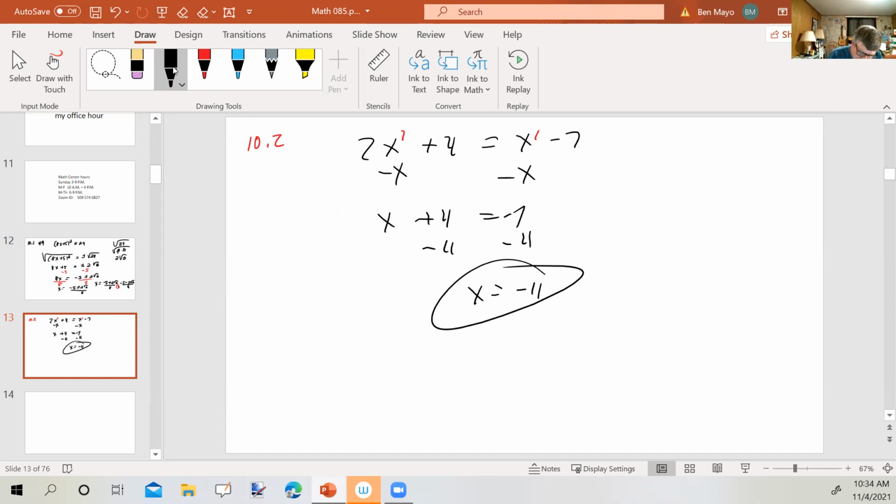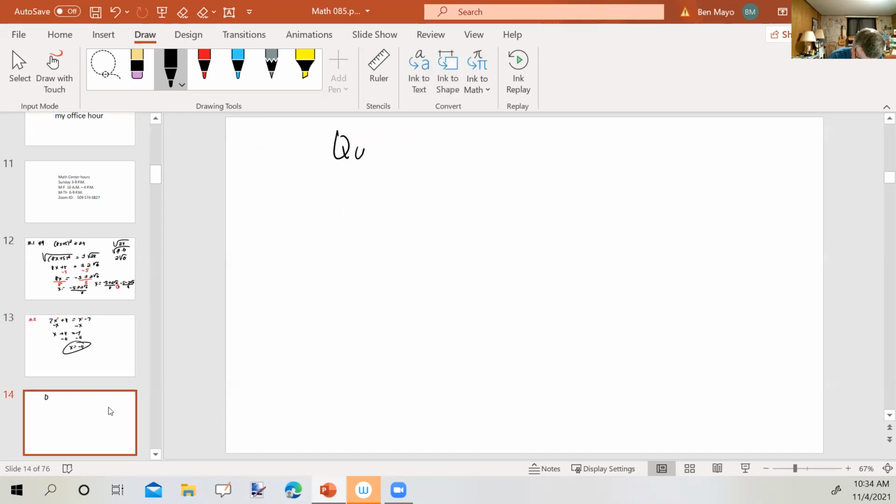Well, today we're going to start looking at second degree equations, or quadratic equations, as they are called. So second degree or quadratic equations. For example, x squared plus 3x plus 2 equals 0.